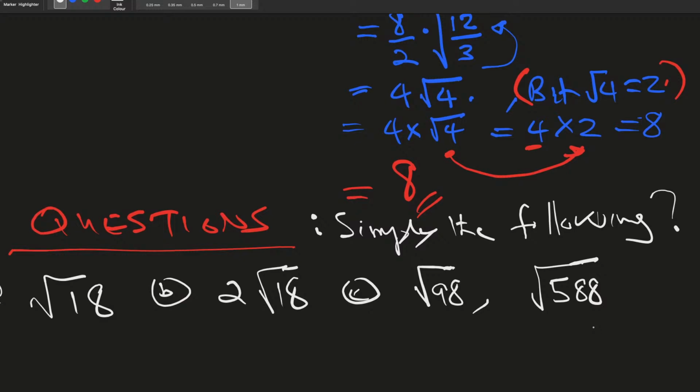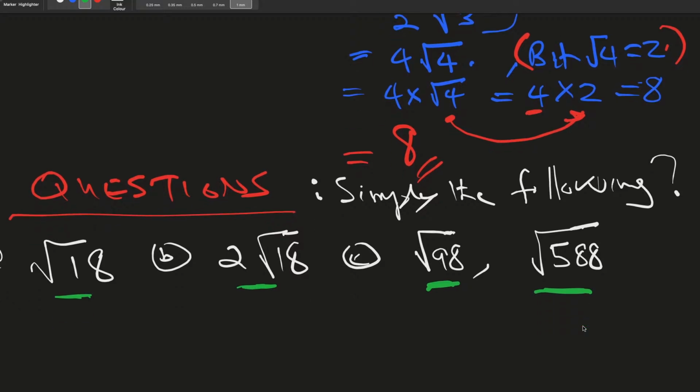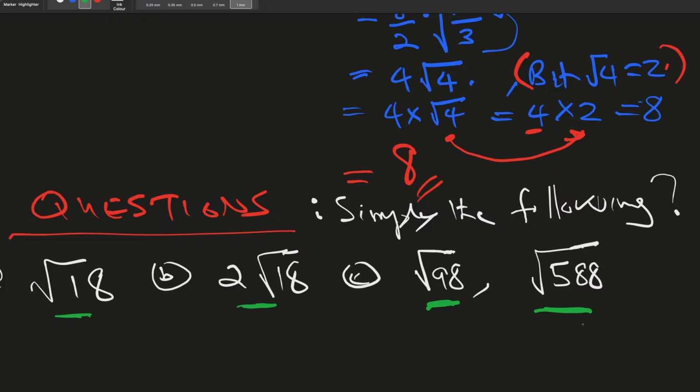As you can see, we're supposed to simplify root 18, 2 root 18, root 98, and root 588. So let's tackle root 18 and see how easy we can simplify it.